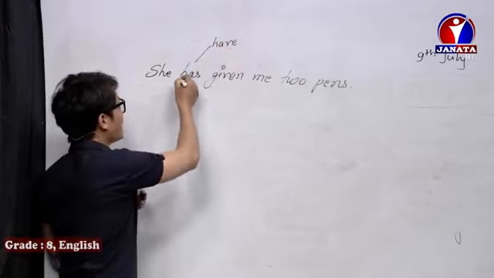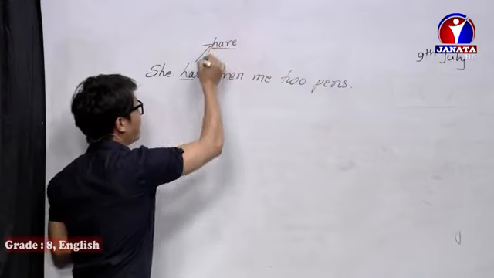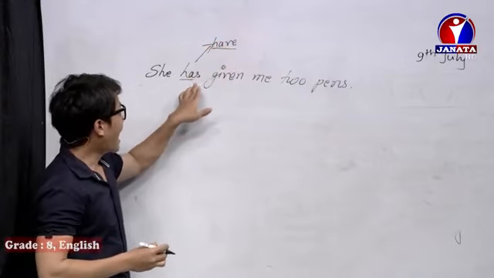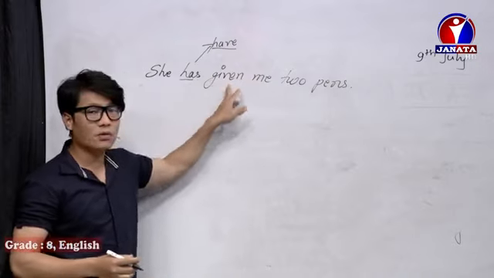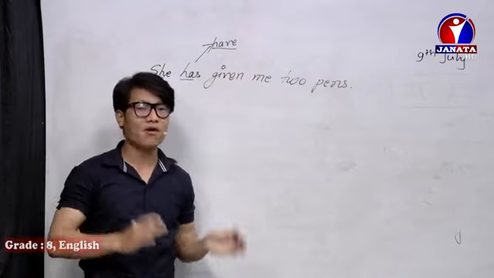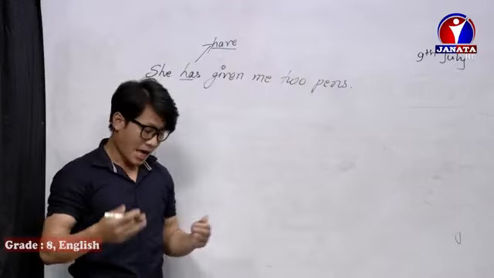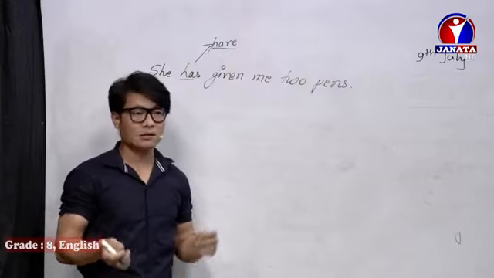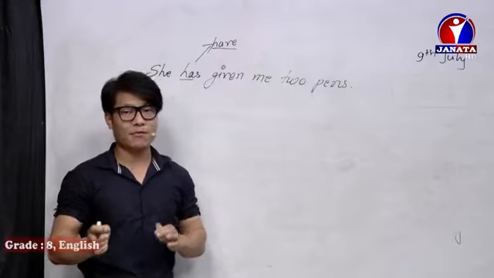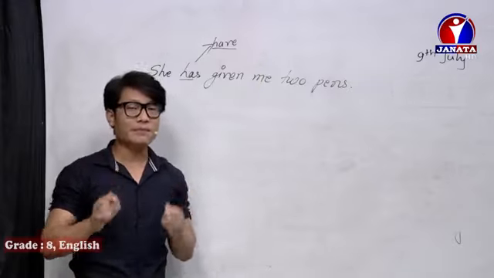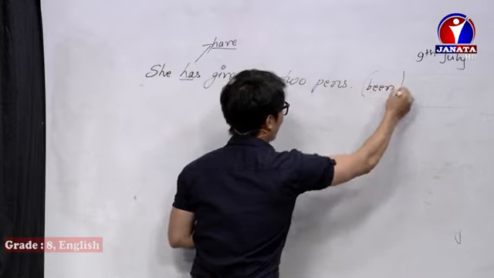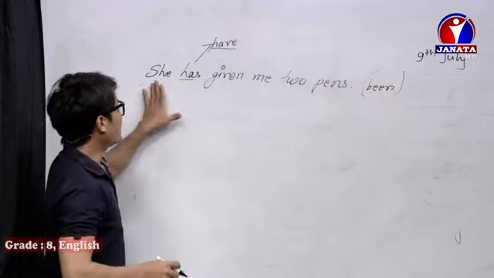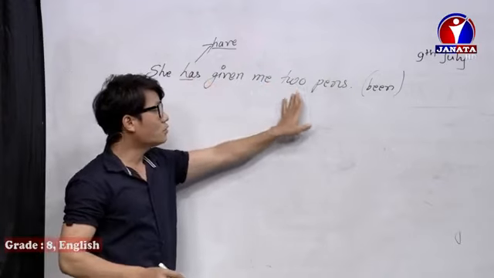Here is has, so obviously there is a hidden have. She has given me: has plus verb 3, so this is present perfect. The be verb for present perfect, past perfect, and future perfect is been.